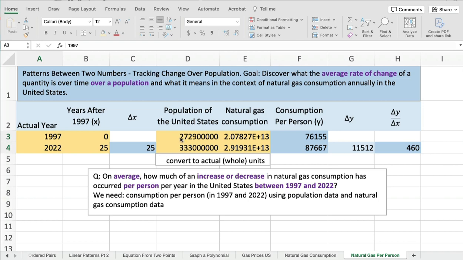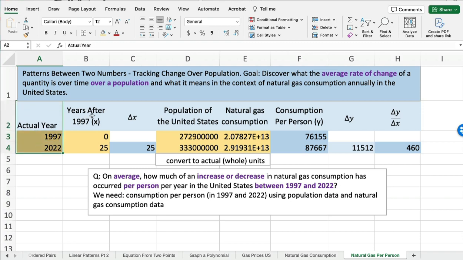So we're going to need one additional piece of information. In our previous video, you actually saw we talked about the years. So here's our delta x and our x over here in columns B and C. So our x values are still going to be the years, but this time our y values, the thing that we're actually tracking as far as how much it has changed over time, is something we call consumption per person or per capita consumption.